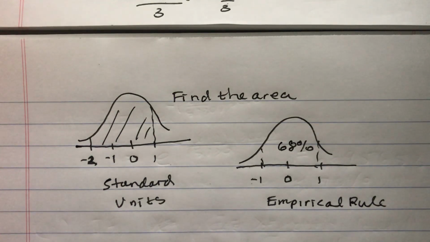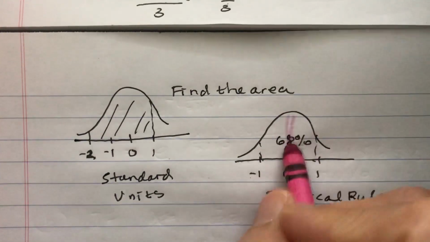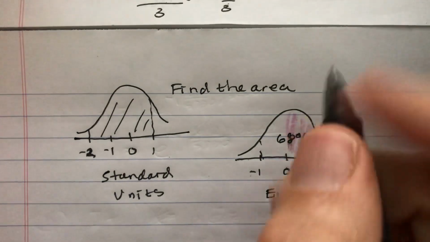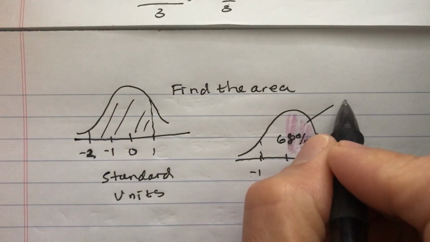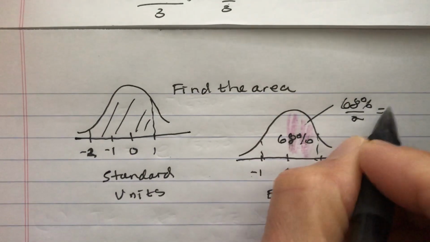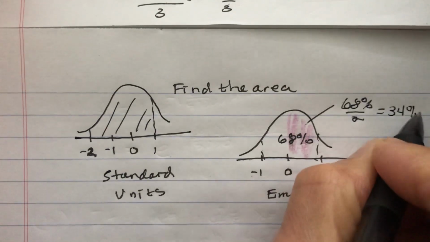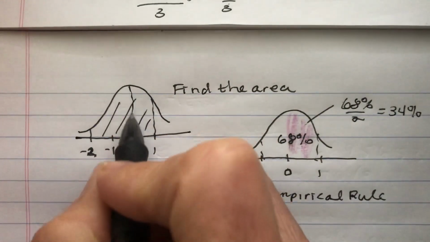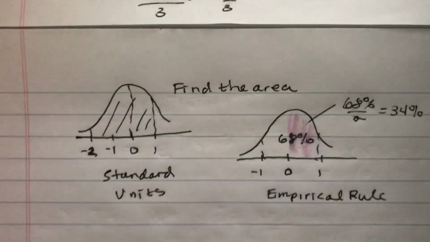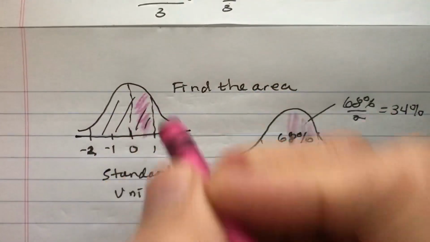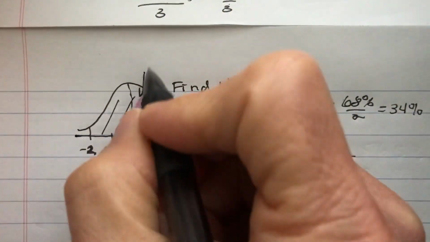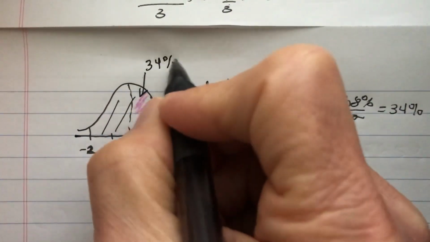Now, if I take half of that, 68% divided by 2. Why would I do that? Because I want to get this portion right here that let me just color it exactly the same. So apparently then this part here is 34%.